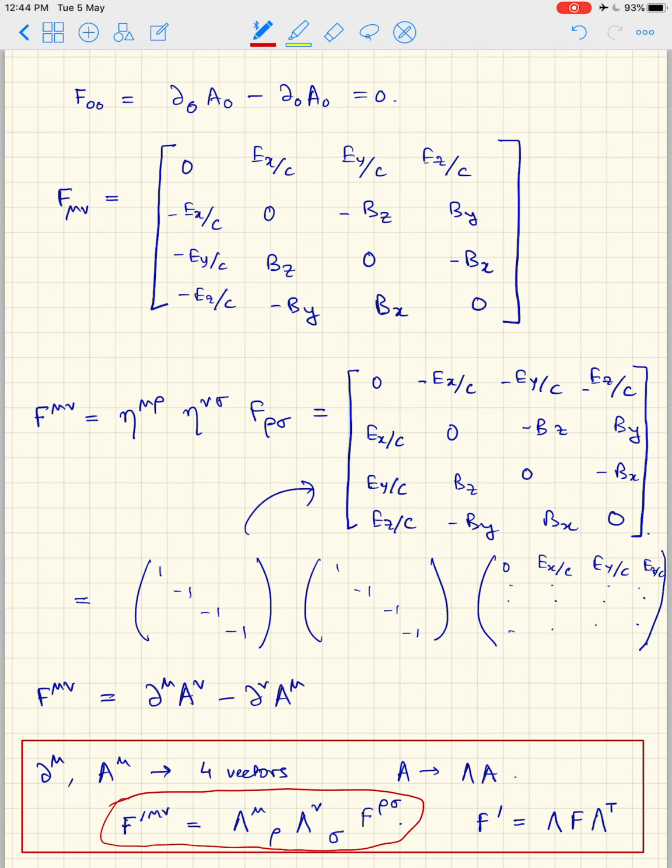Written down in terms of matrices, it's F prime goes to lambda F lambda transpose. This is what we are going to be focusing on. So this was how F is going to transform.